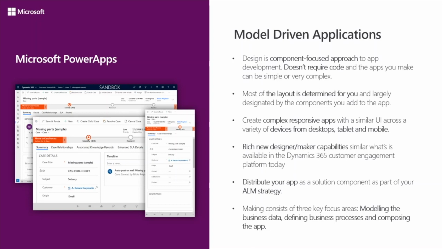You pretty much have to decide which entities, forms, and views you want to include in your application. You obviously have a level of customization and design of that layout, but pretty much all the layout is determined for you based on the design that you're creating through our rich designer maker capabilities that we have available.